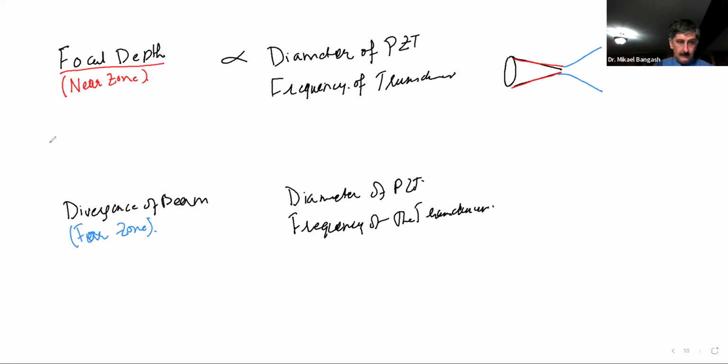So what we mainly can say is that the focal depth is going to be directly proportional to the diameter of the PZT. And we can also say that the focal depth is going to be directly proportional to the frequency of the transducer.